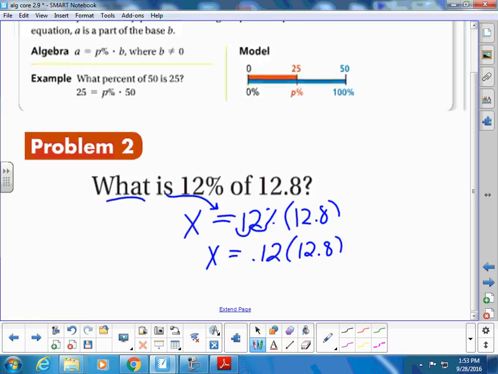And 0.12 times 12.8 is 1.536. So what's 12% of 12.8? 1.536. And this is a number, not a percentage. That number is 12% of that whole number, 12.8.